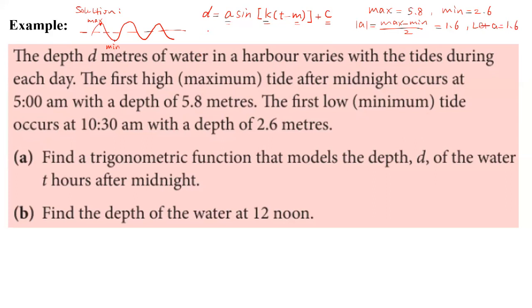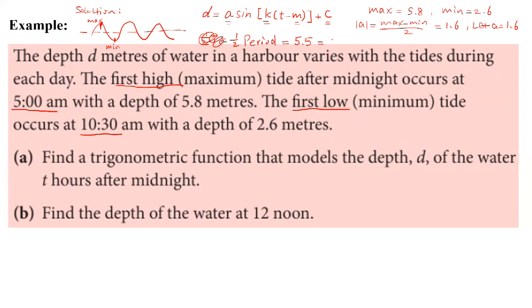And then we know that the first high occurs at 5 a.m. and the first low occurs at 10:30 a.m. So from the first max to the first min, that's 1/2 of the period. So 1/2 of the period is 5.5 hours, right?